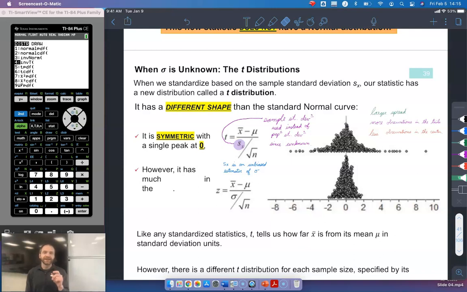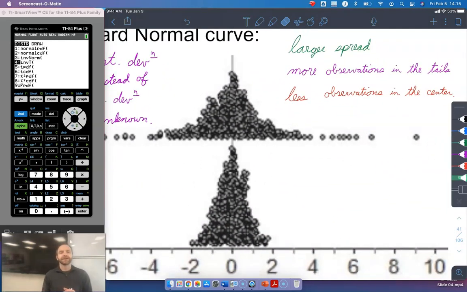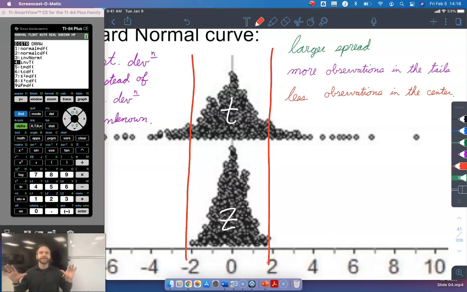However, something really interesting, and I have it right here for you to fill in, is there is more area in the tails of a T distribution. So I'm going to just focus right here. If you take a look, the top one is your T and the bottom one is the Z, and I'll label it here and here for you to see it. Notice there are more dots in the tails of the T than there are in the Z. So right away I can see that.